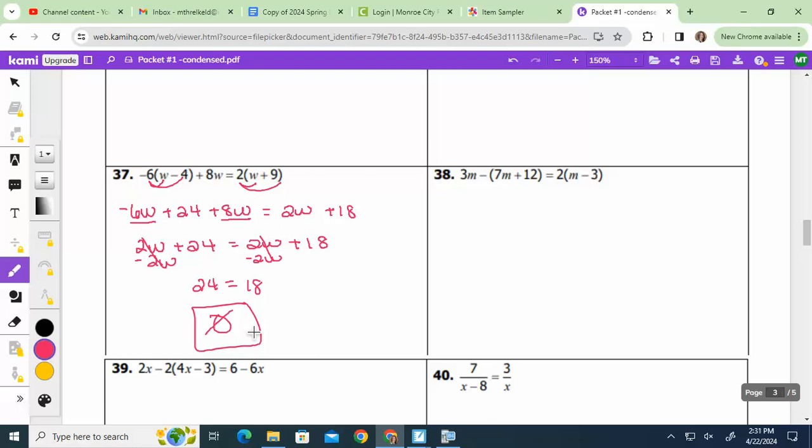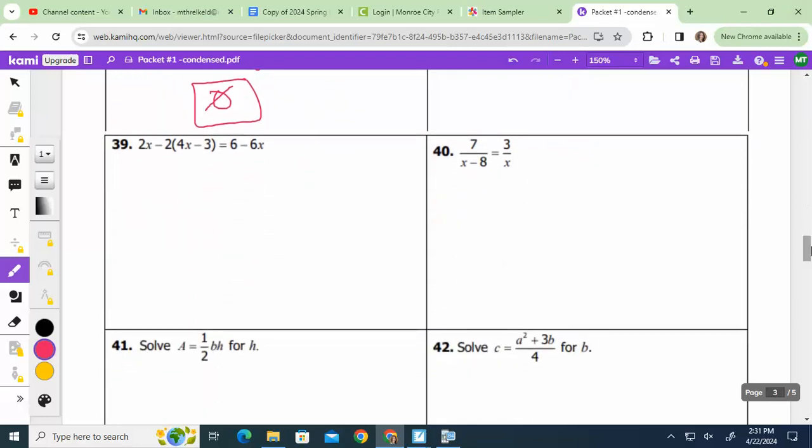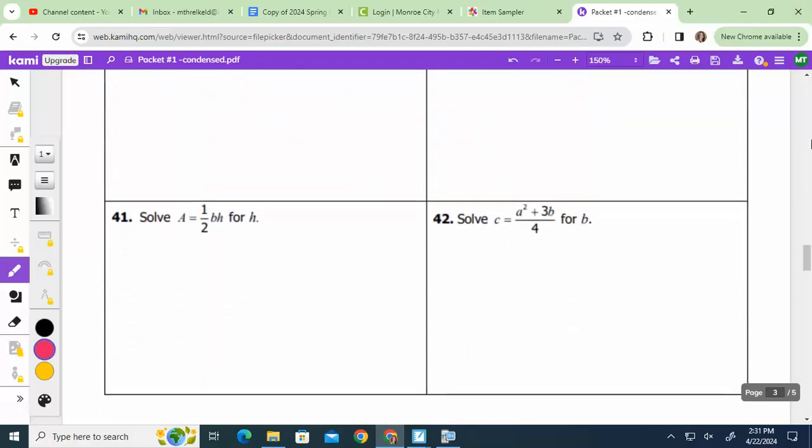All right, let's try 41. All right, if I want to solve this for h, that means get the h by itself.